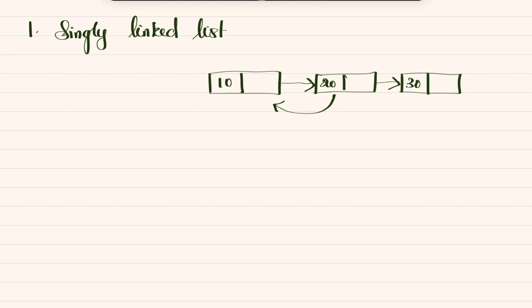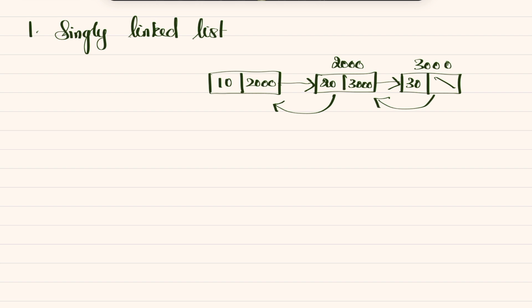For example, the address is 2000, so this 2000 will be placed here, and the address of the next node is 3000, so this 3000 will be placed in the address field. Finally, there are no further addresses, so it is simply called null. This is the normal representation of a singly linked list.